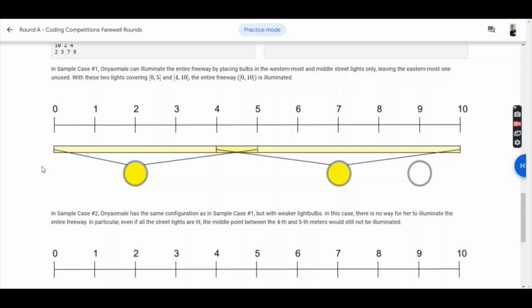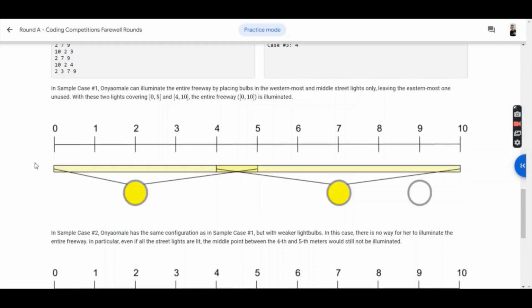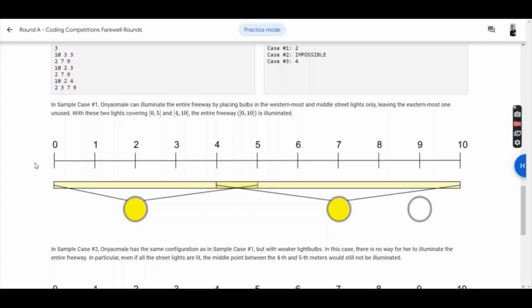Like in Java, you can put them in a TreeSet, which will sort them on the basis of their starting position, and calculate the starting position of a bulb that is closest to the current, and you can write base cases about it. If you cannot find a bulb that fulfills those conditions, then the answer would be no, else it would be yes, and you can print the minimum number of bulbs required.